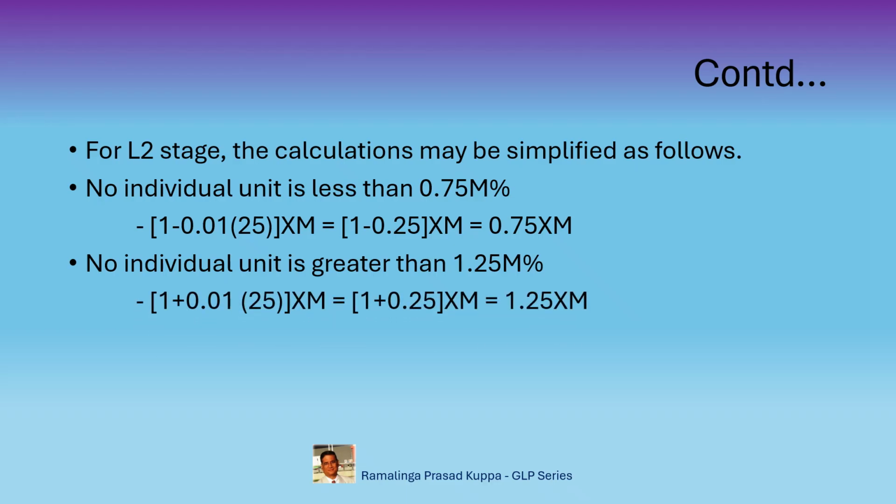Here also the calculation is 1 plus 0.01 multiplied by 25, the whole resultant is multiplied by M, that is 1 plus 0.25, that is 1.25 multiplied by M. So to make it simple, the values should be overall within 15.0 and no individual value should be less than 0.75 M and no individual value should be more than 1.25 M.